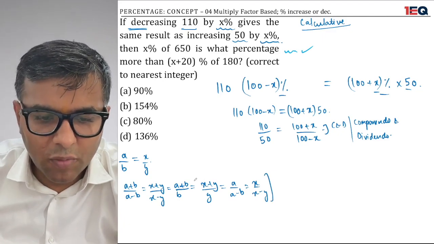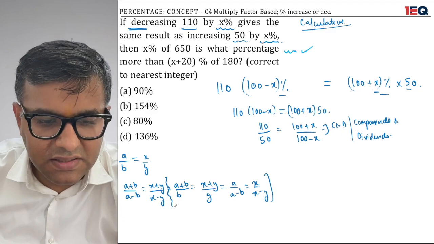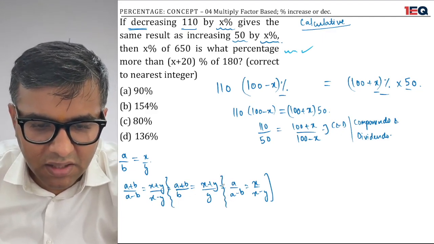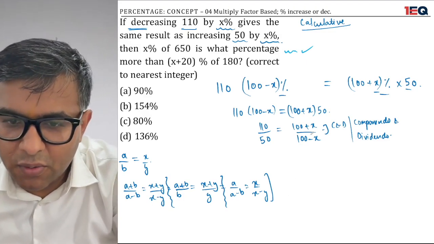I hope you understand this sort of a combination. These things would be separately equal to each other. There is no equal to sign in the middle, I drew it by mistake. So this is called componendo and dividendo.